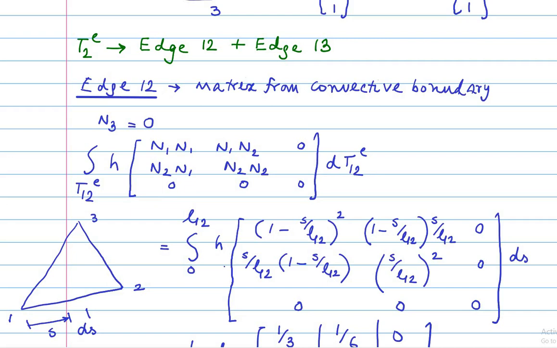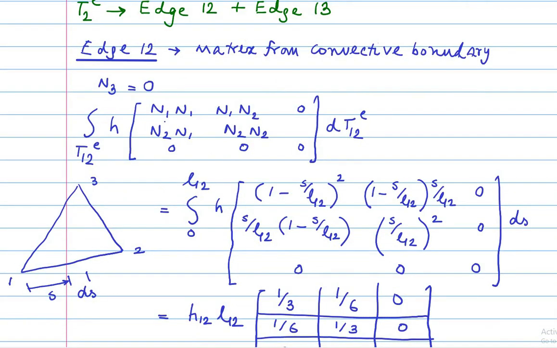Now if you integrate, n3 is 0, so only n1 and n2 remain. n1 is 1 here and 0 here, and n2 is 1 here and 0 here.